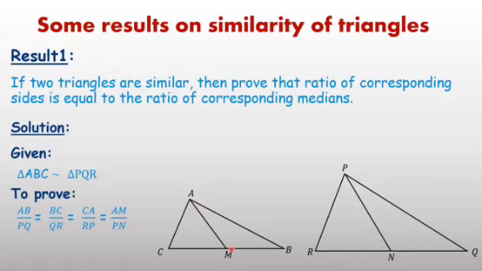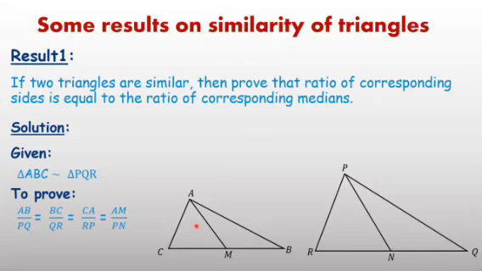Here AM and PN are medians. Median means take the midpoint of BC and join it from A, which is known as the median of side BC. Here N is the midpoint of QR.